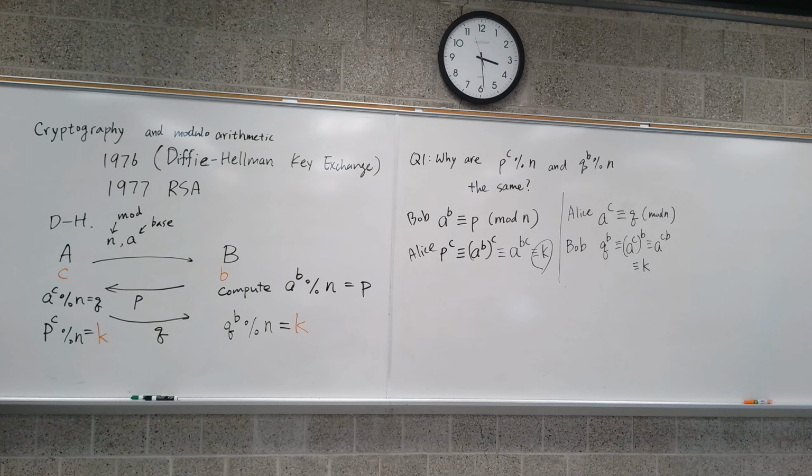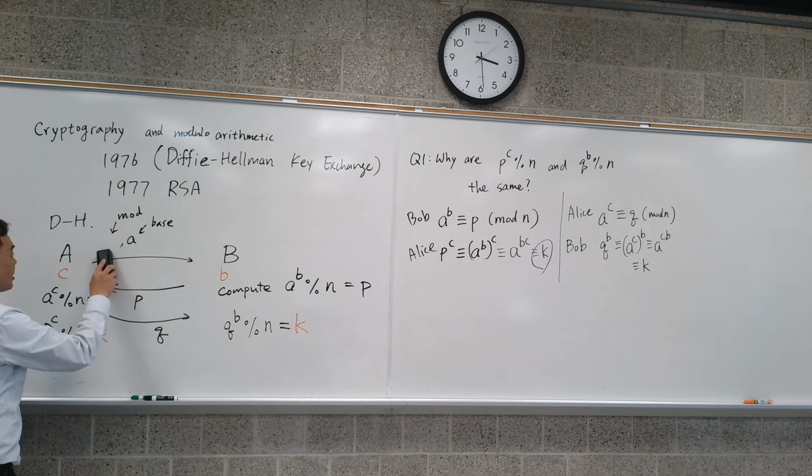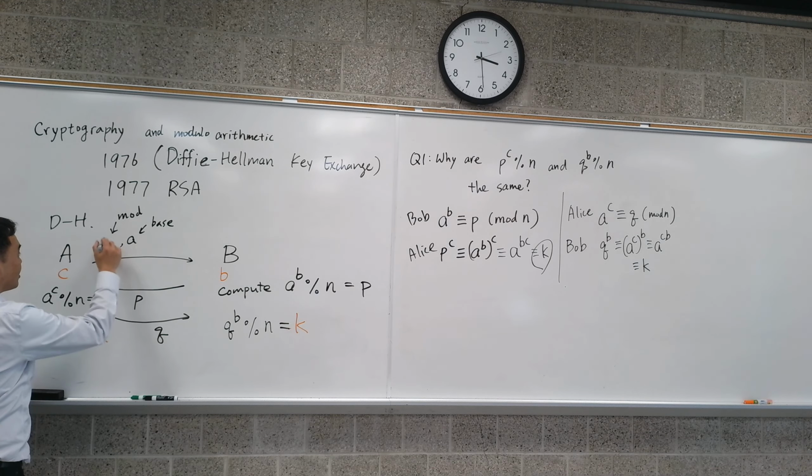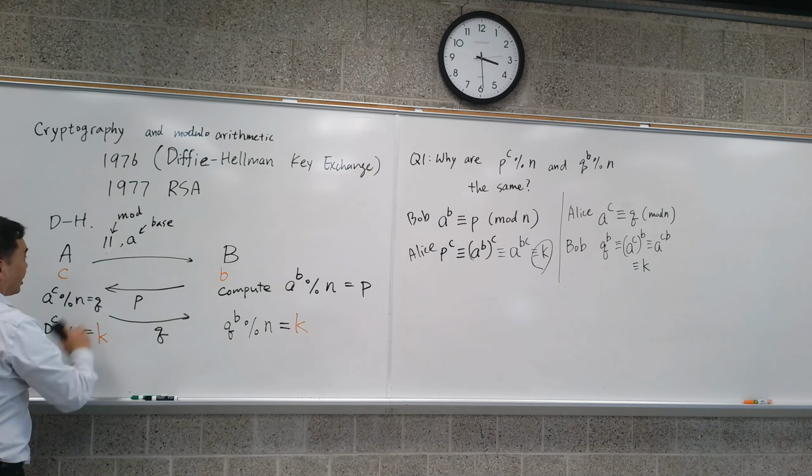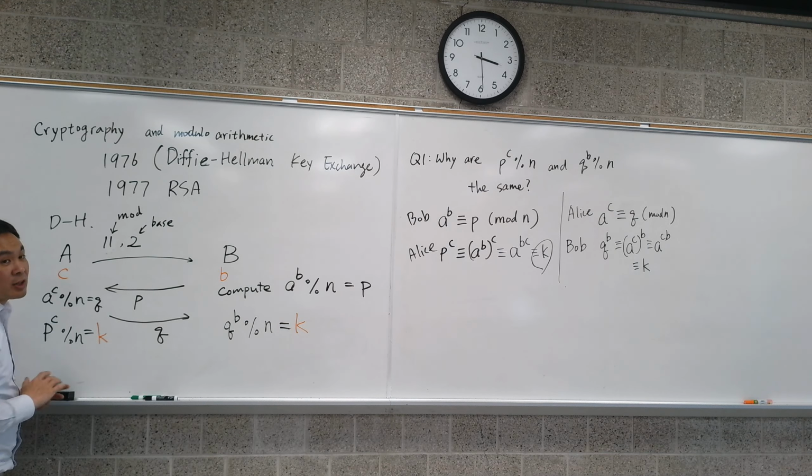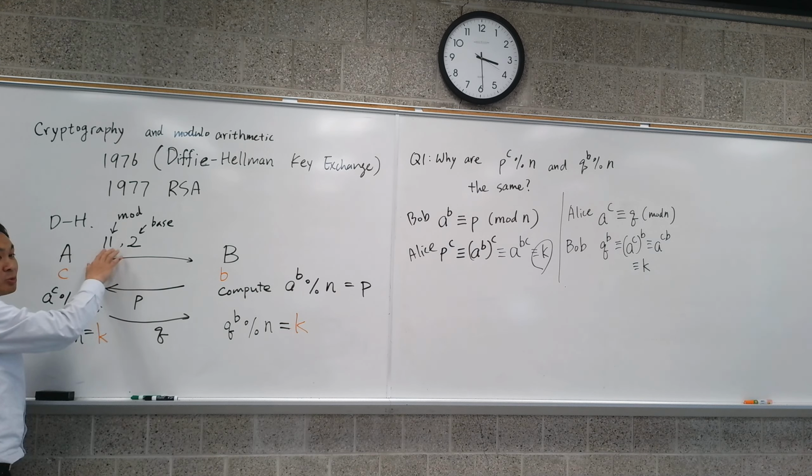Now, it might be a bit hard to understand since we haven't used a concrete number. So let's try to redo this using an actual number. So let's say N is 11, A is 2. Now usually what happens is that this N would be a really big number, okay?